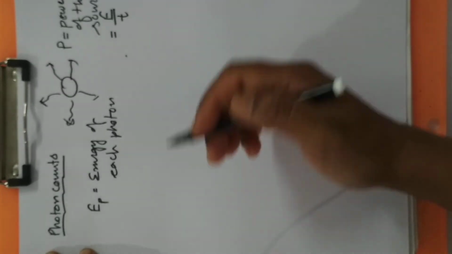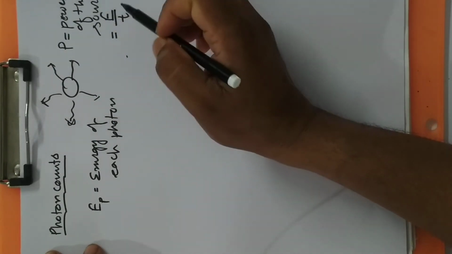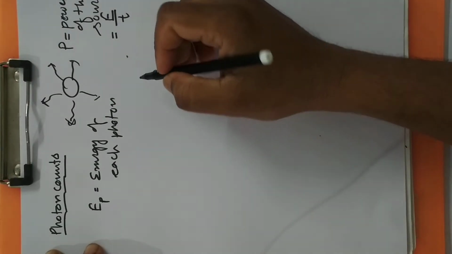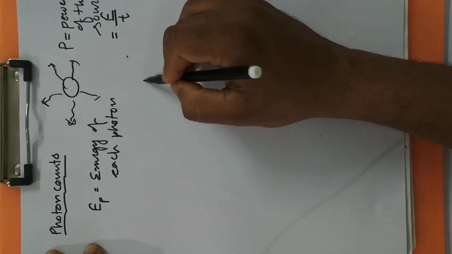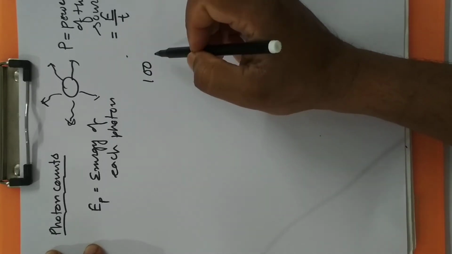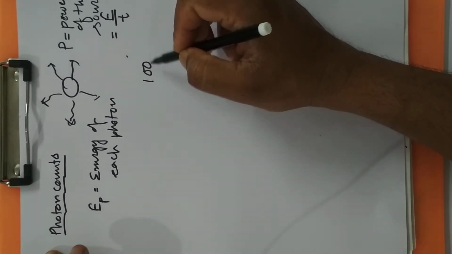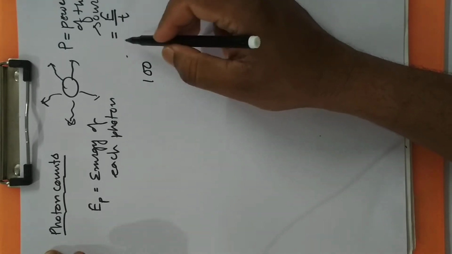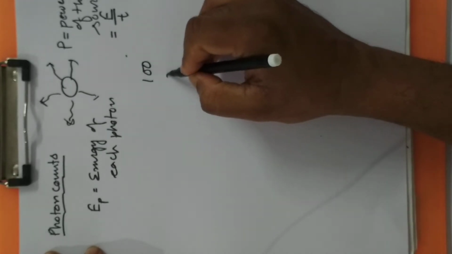Then we can calculate how many photons this particular source is emitting every second. For example, the power of the source is 100. That means it is emitting 100 energy every second. I'm not mentioning the unit. And suppose the energy of each photon is 2.